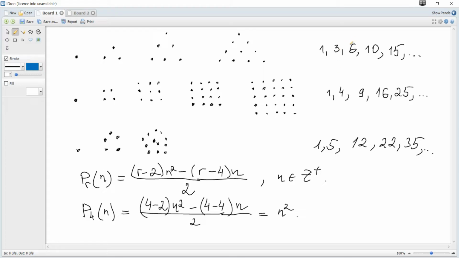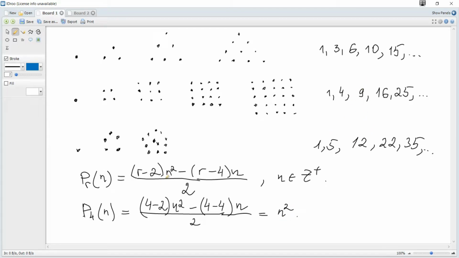If we simplify it, we get that it's n squared, and we can check: when n is 1, the first number is 1. When n is 2, the second is 4. When n is 3, the third is 9, and so on.